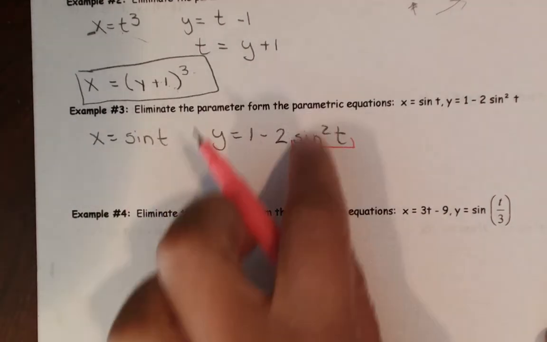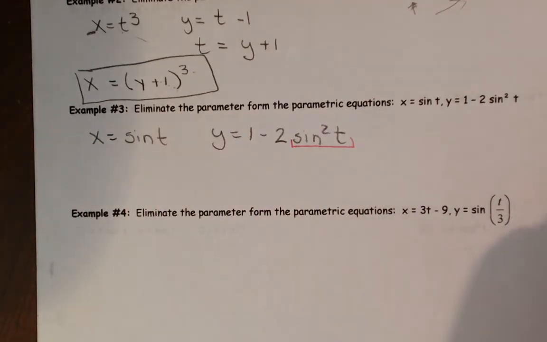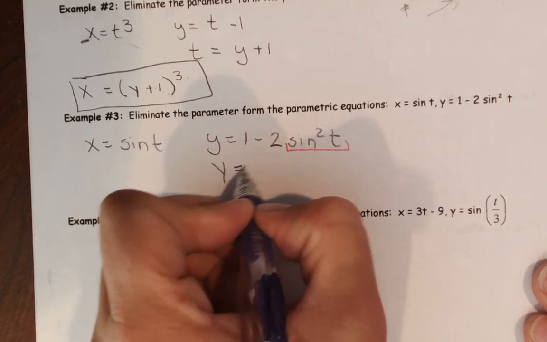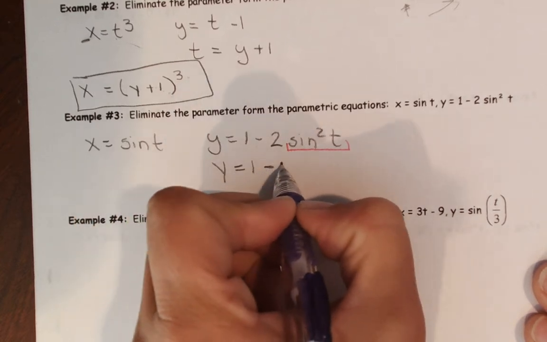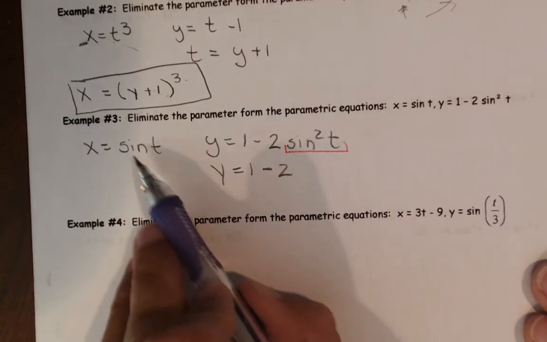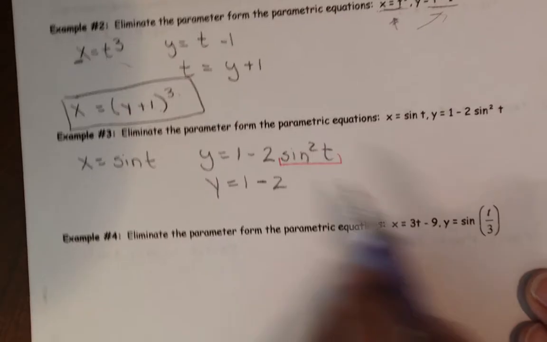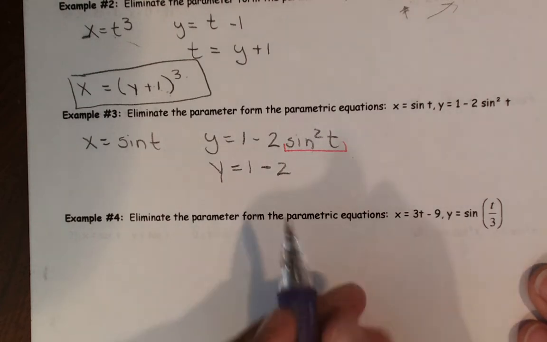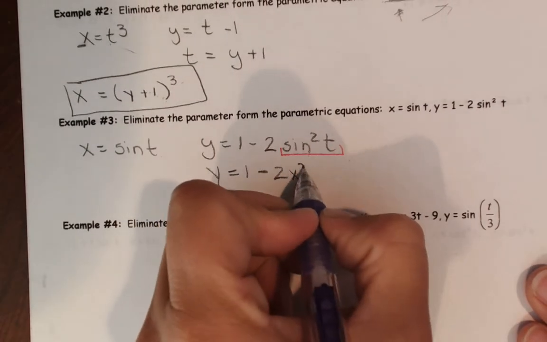So could I do some substitution there? Could I say y equals 1 minus 2, and instead of sine squared t, I know sine t equals x, so sine squared t would be x squared.